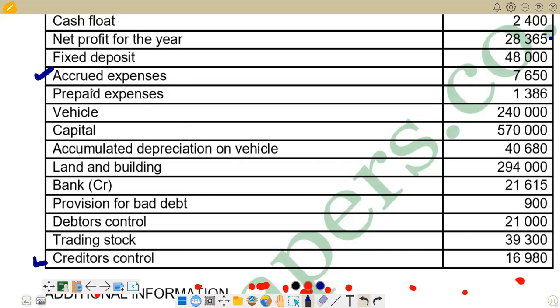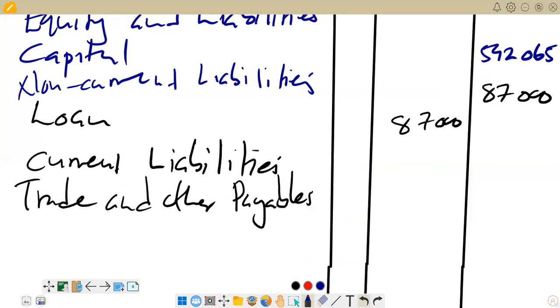So we are only going to pick accrued expenses, which is 7,650. Then we add to 16,980 to get the total for trade and other payables. We can summarize the working there: 16,980 plus 7,650, and the total we are going to put here as our current liability is 24,630.